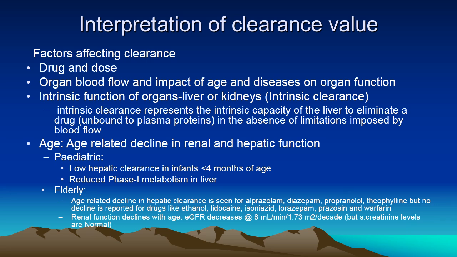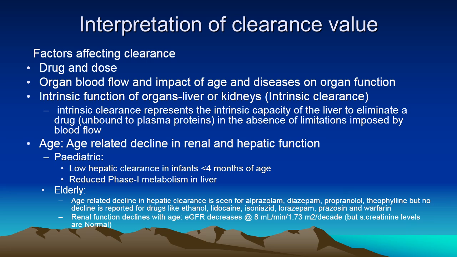In the interpretation of clearance value, the following factors should be kept in mind: drug dose, organ blood flow, and the impact of age and disease on organ function, and intrinsic function of the liver. Intrinsic clearance represents the intrinsic capacity of the liver to eliminate a drug, which is unbound of course, in the absence of limitations imposed by blood flow.